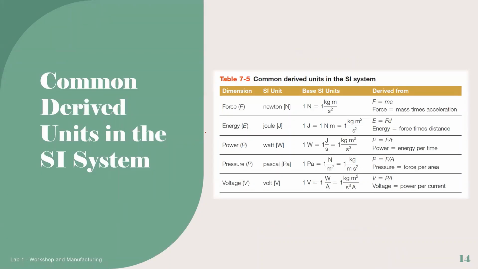Here we have common derived units in the SI system. For example, for force, we use Newton. This is in SI. So 1 Newton is also equal to kilogram meter per second squared.